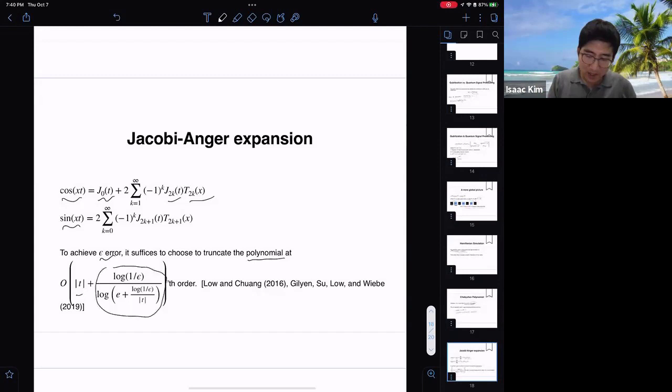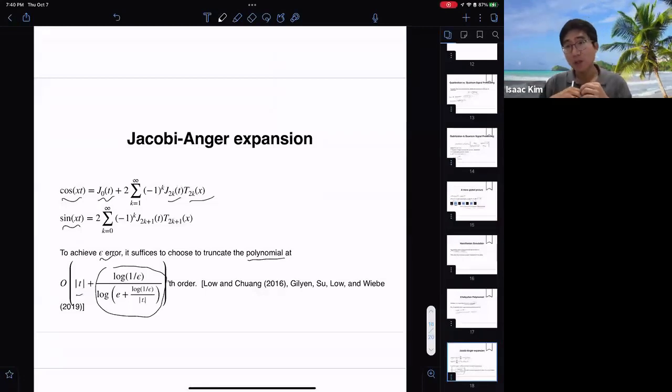So it's essentially log 1 over epsilon. I guess at short times, this is maybe log 1 over epsilon divided by log 1 over epsilon. But either way, it's a very minor contribution, especially when we're probing the long time regime.